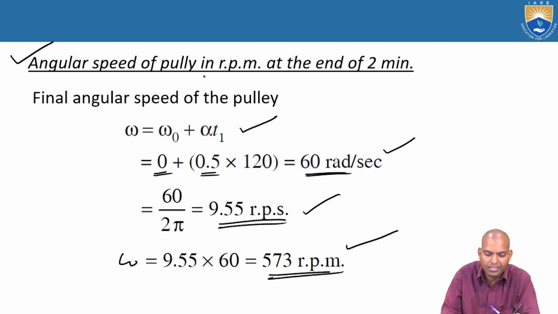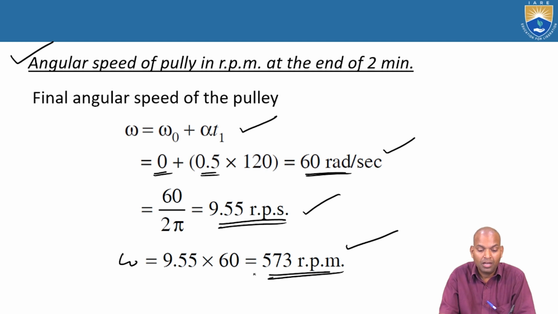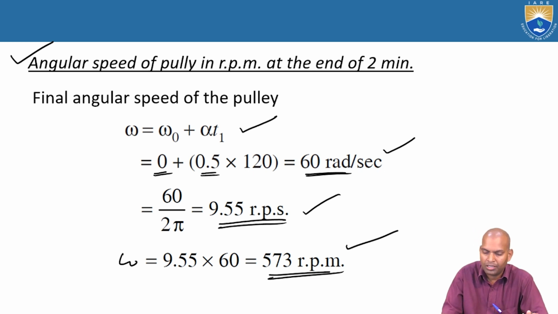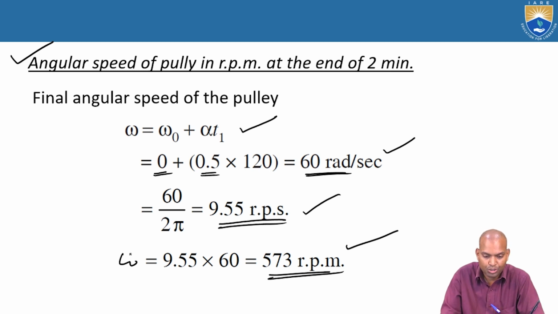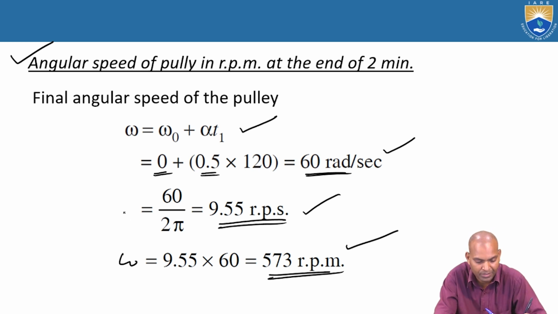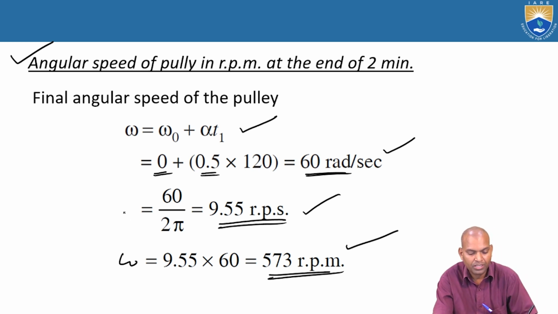In RPM is what we need. That's why, after calculating the final angular velocity in radians per second, we converted it into revolutions per minute, which is 573 revolutions per minute. RPM is nothing but angular speed.